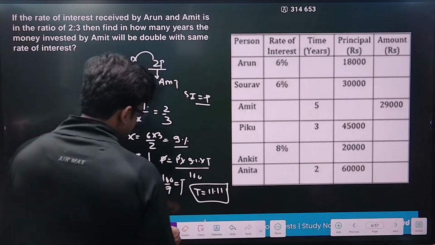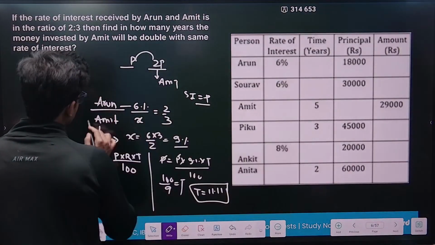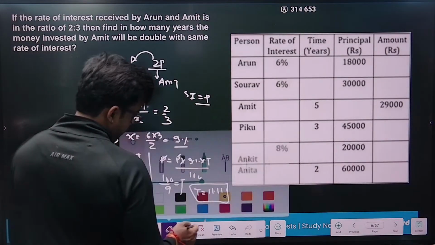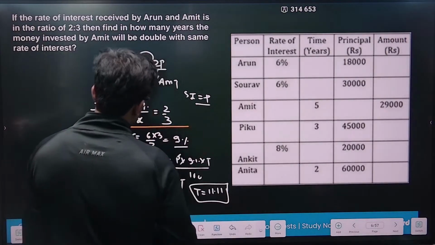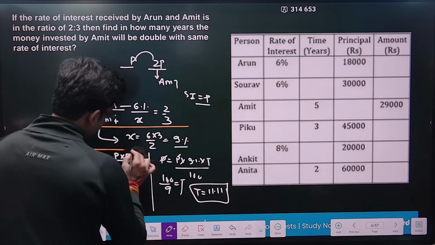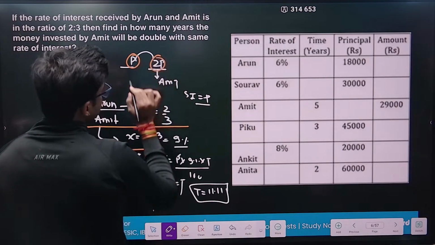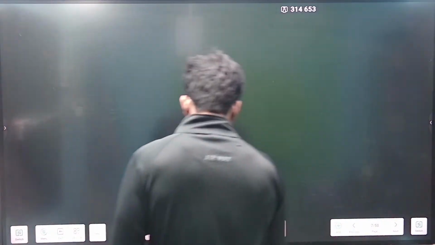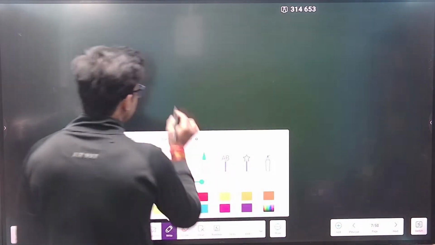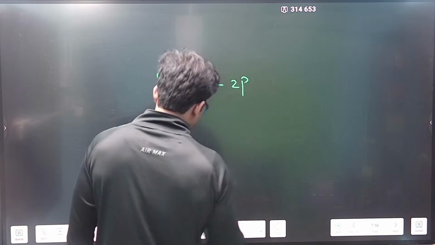When P becomes 2P, is there any other process for solving this question, starting from here? We started from here, then we used this formula, then our P becomes 2P. Now you can also understand from this logic: whenever such kinds of questions come, when P is becoming 2P, what is happening basically?